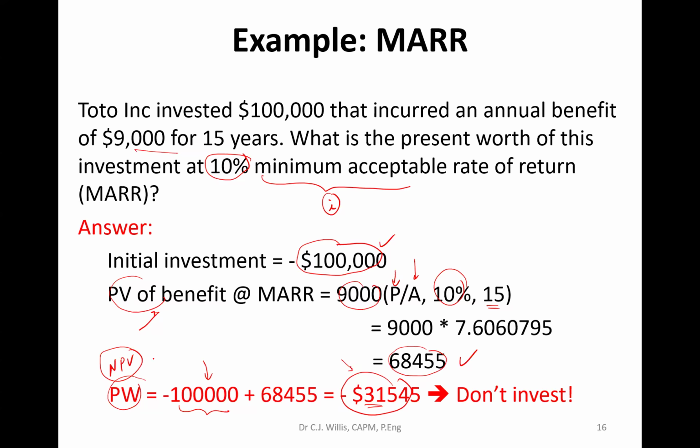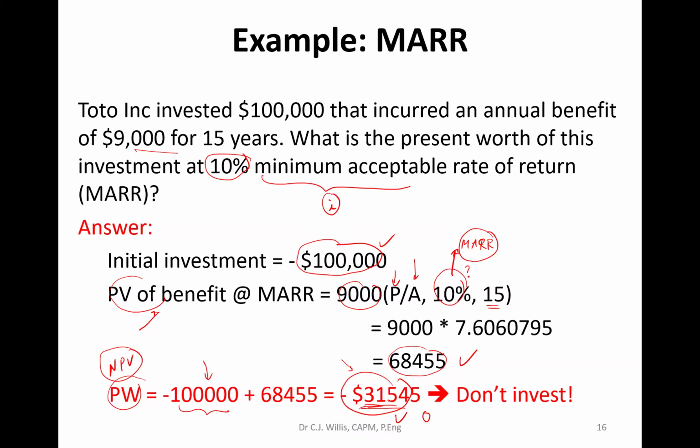So NPV, all right? If this is positive, then your I is the minimum acceptable rate of return, MAR. So what is the rate that makes this value zero?